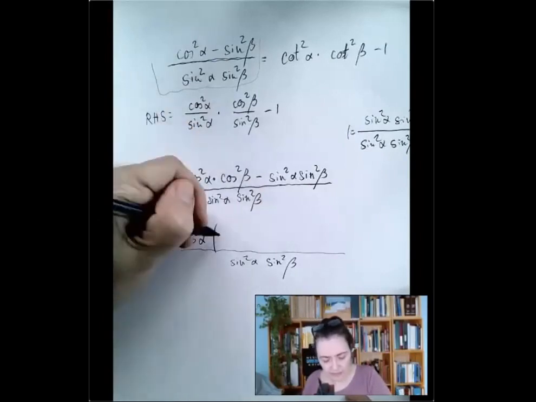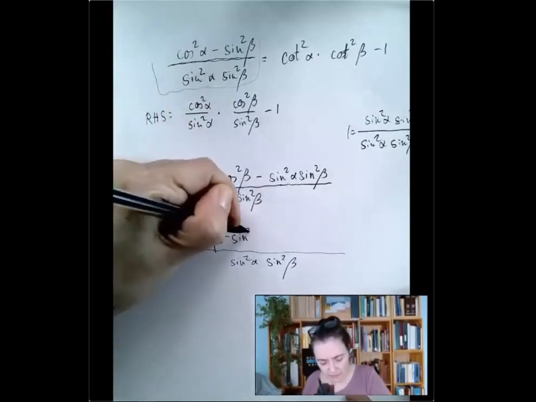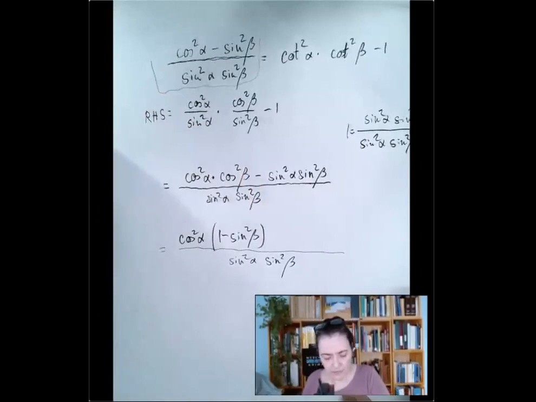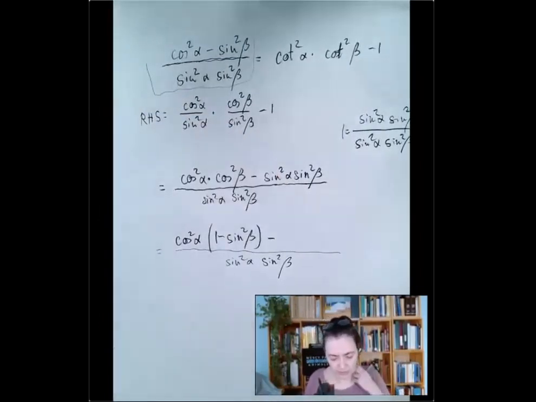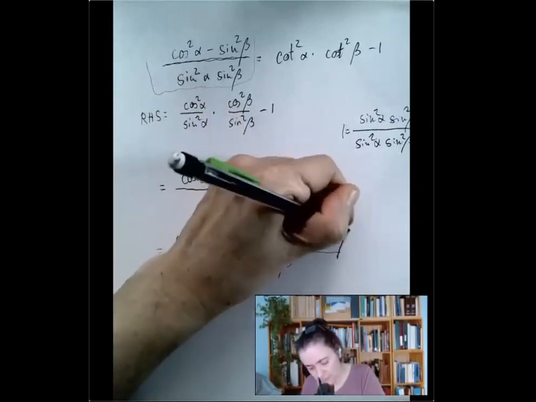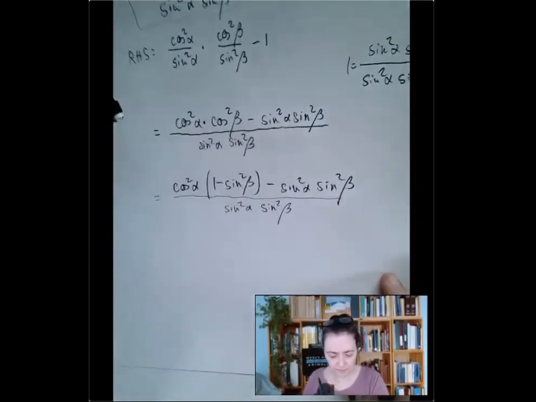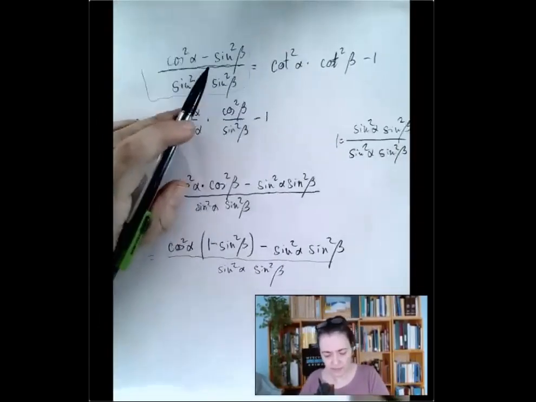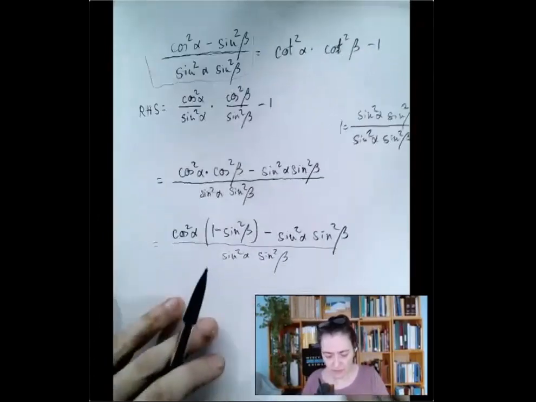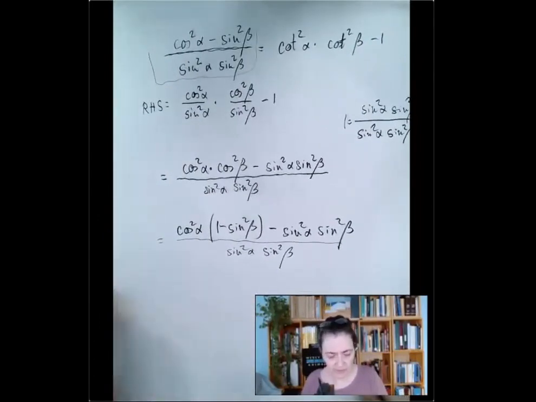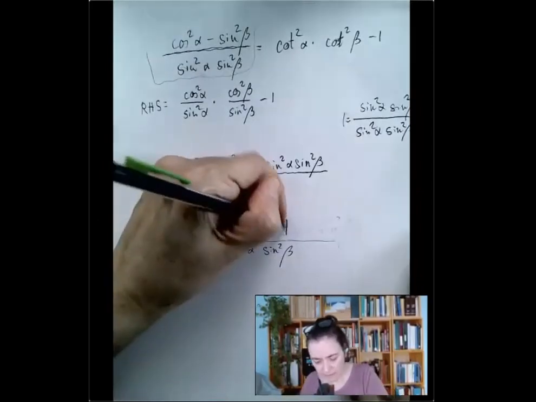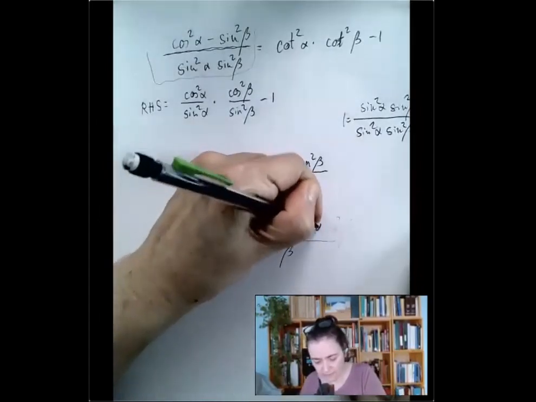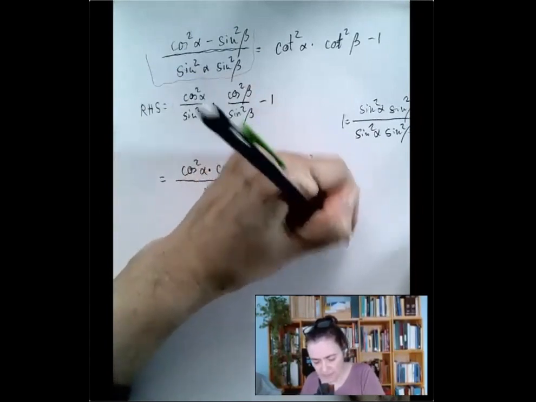Rewrite cosine squared beta as 1 minus sine squared beta, which is pretty basic. It's just a Pythagorean identity. See what shakes out. The second part should be just a minus sine squared beta. So let's rewrite sine squared alpha as 1 minus cosine squared alpha. And let's leave alone sine squared beta.